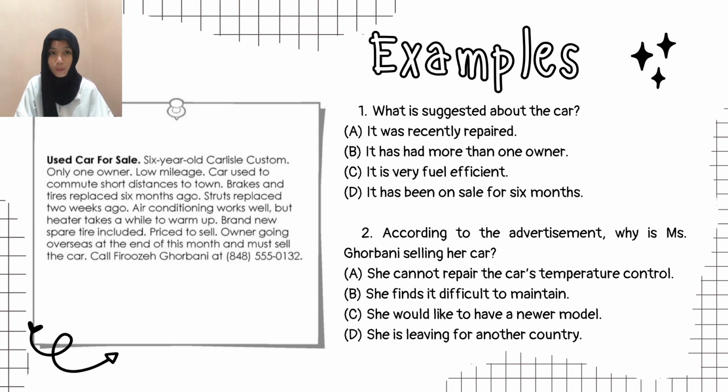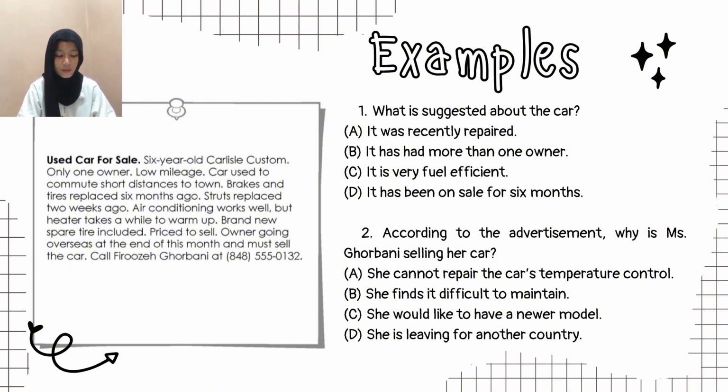It was recently repaired. And the second question is, according to the advertisement, why is Miss Garbani selling her car? Let's read the multiple choices. A, she cannot repair the car's temperature control. B, she finds it difficult to maintain. C, she would like to have a newer model.